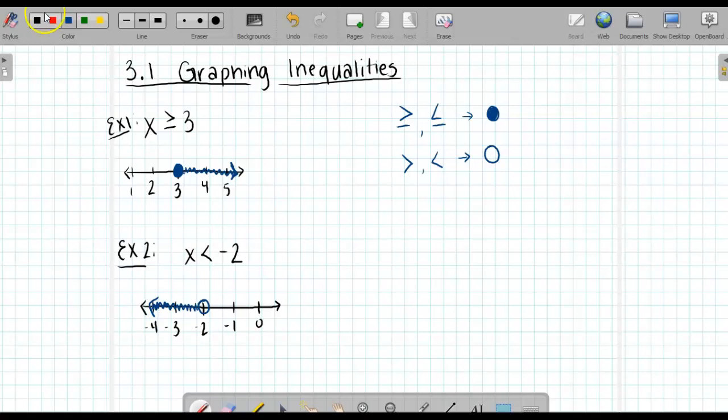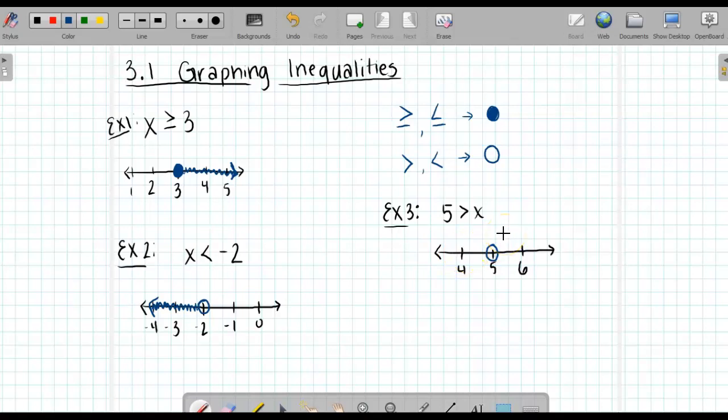So, let's look at example 3. This time, I'm going to have 5 greater than x. So if I'm looking at my number line, let's see, I'm just going to put 4, 5, 6, and because I have a greater than sign, there's not an or equal to with it, I'm going to use an open circle again for example 3.